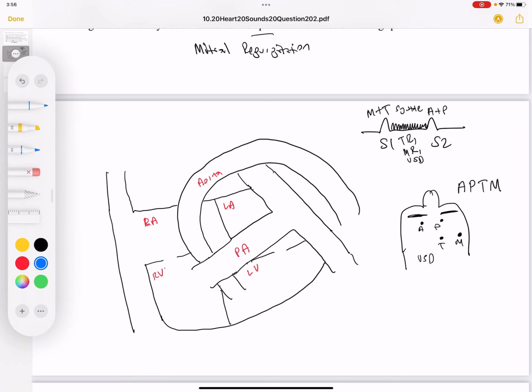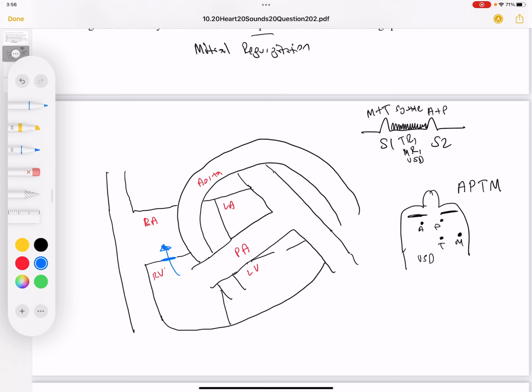Let's try this in another color. The tricuspid valve should be closed during systole, but there's going to be a backflow of blood going to the right atrium from the right ventricle. What can increase this backflow of blood can be inhalation.